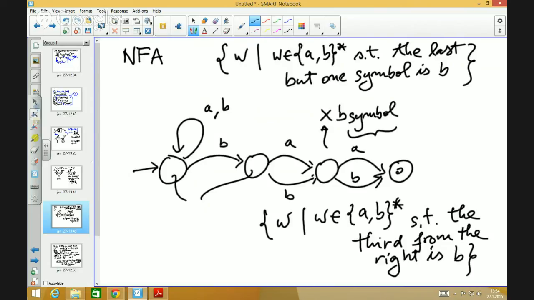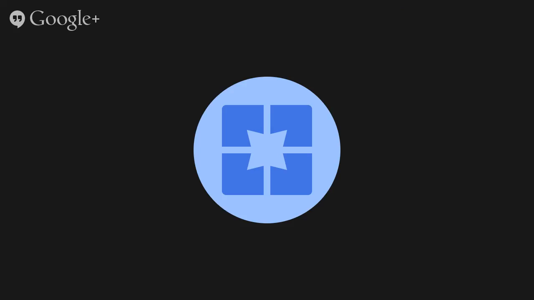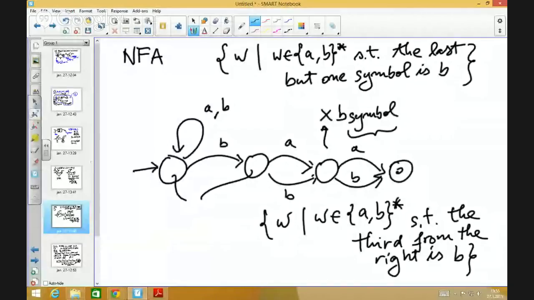If instead of third, you would write fourth symbol from the right should be a B, the nth position from the right, well, you could come up with an NFA with n+1 states to accept that, but no DFA with less than 2 to the n states would be able to recognize this language.